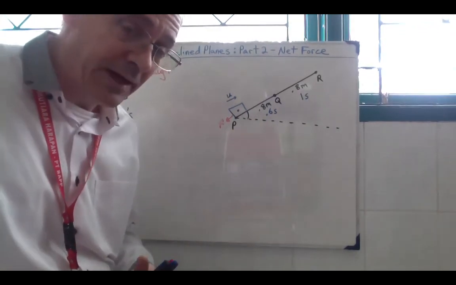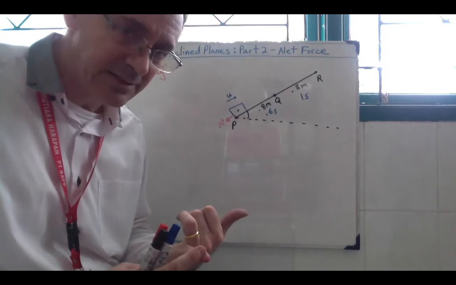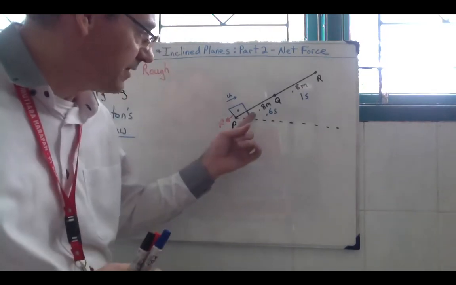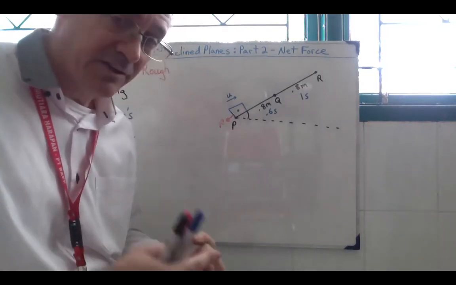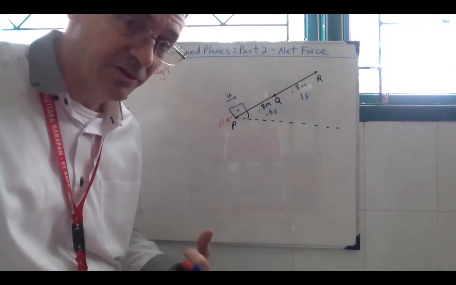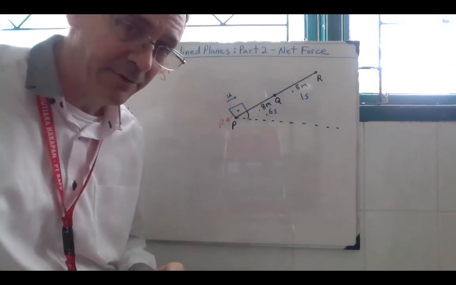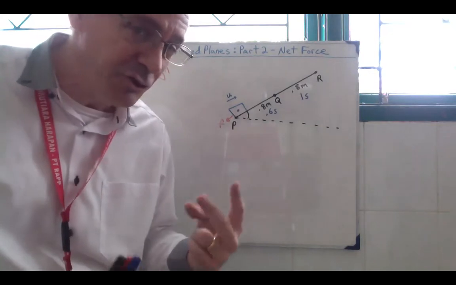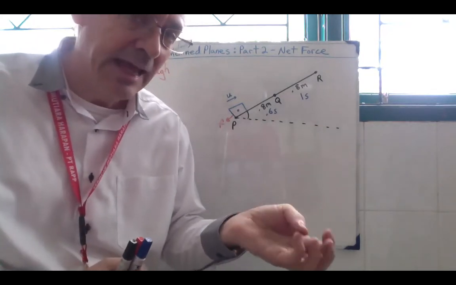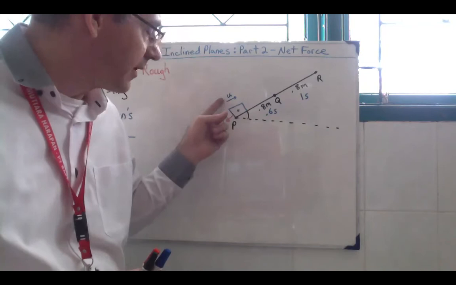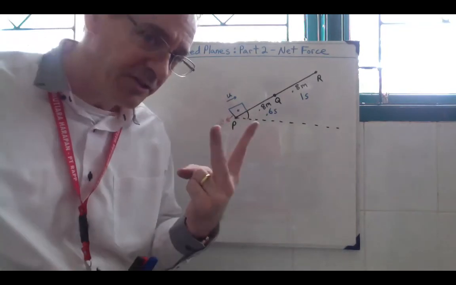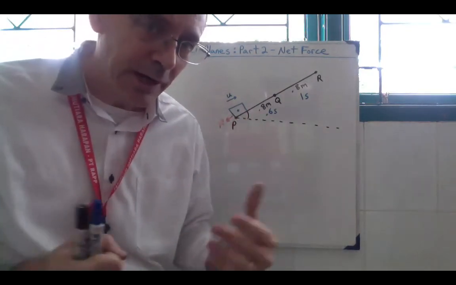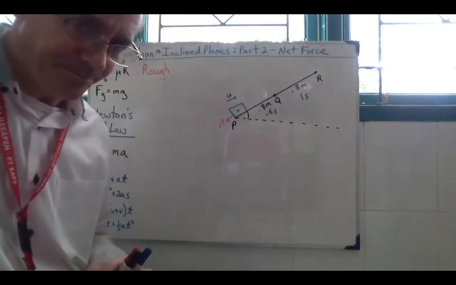So we have to find, notice it does not give mass. It does not give the angle here. It does not give acceleration. So there are a lot of things that we do not have. It does ask us to find two things, deceleration and this initial velocity.